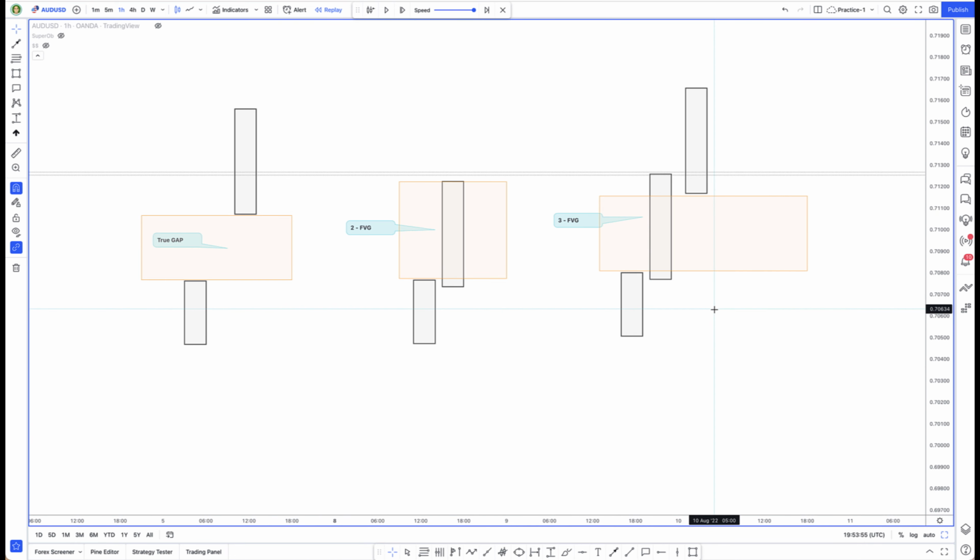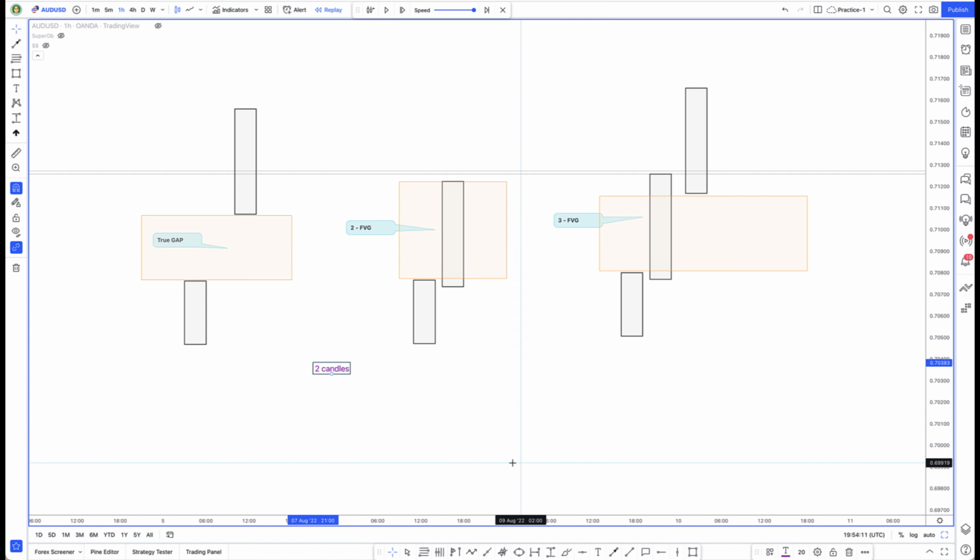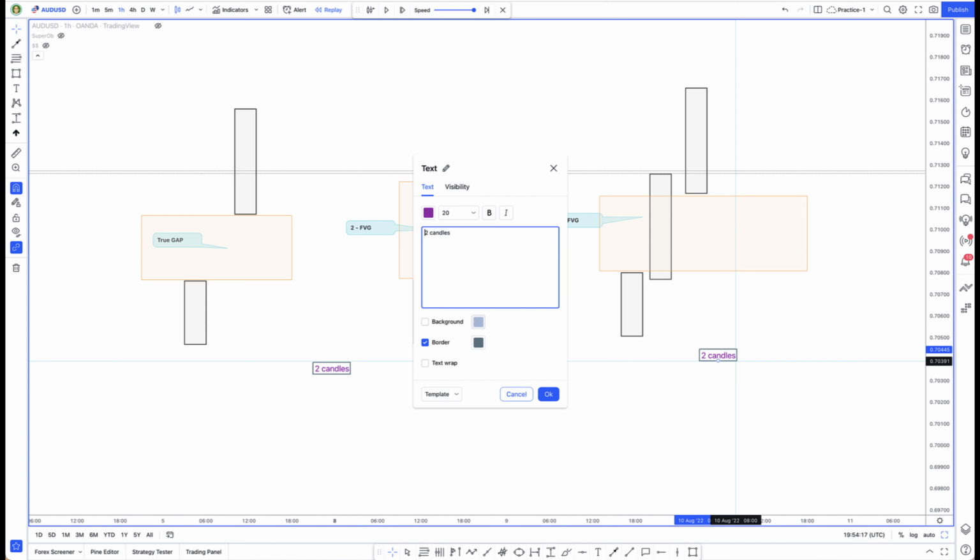Now, obviously, it should be intuitive at this point that both the true gap and the 2 candle fair value gap require only 2 candles to be formed. And then obviously, this requires 3 candles.